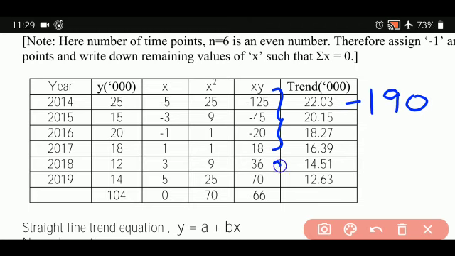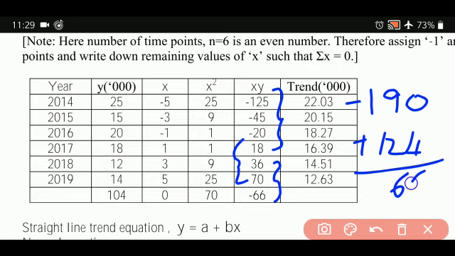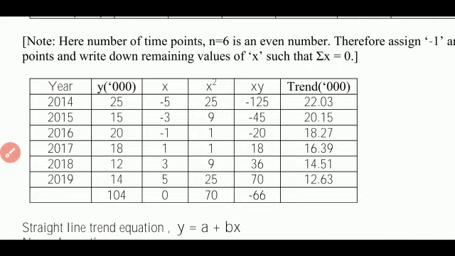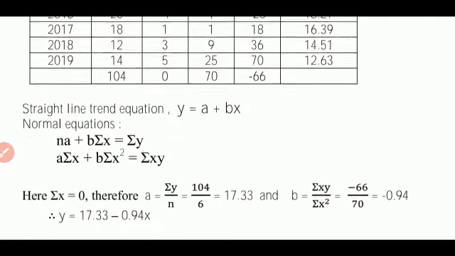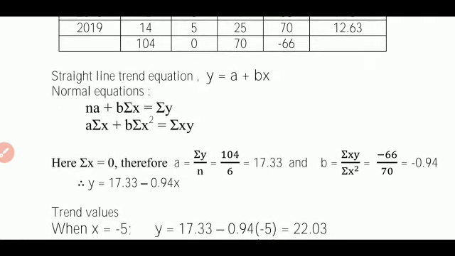And add these positive values here: 18 plus 36 plus 70, it's going to be 124. So 190 and this 124, the minus sign is bigger here, so it's going to be minus, and the answer is going to be -66. This is summation xy.